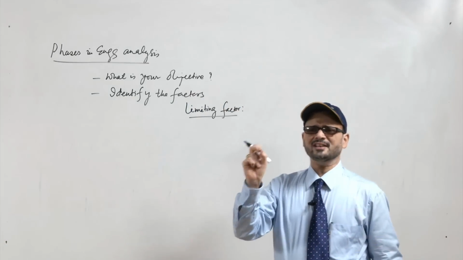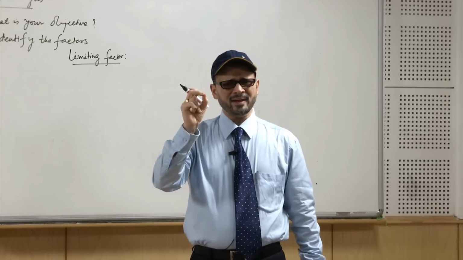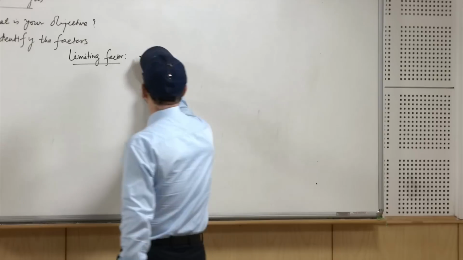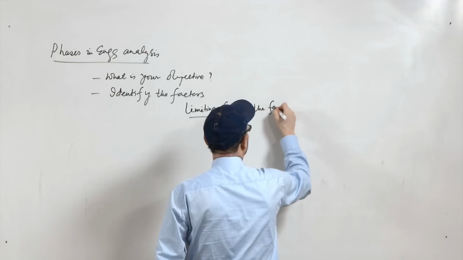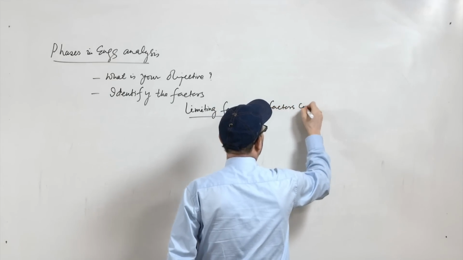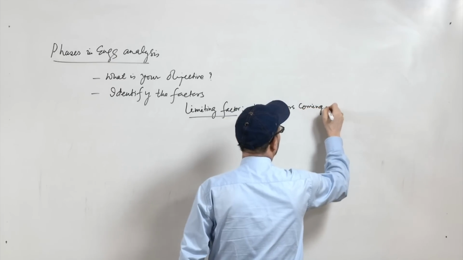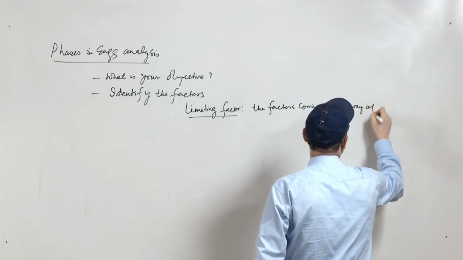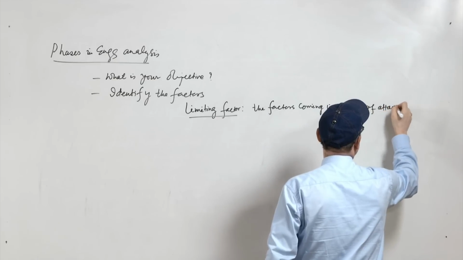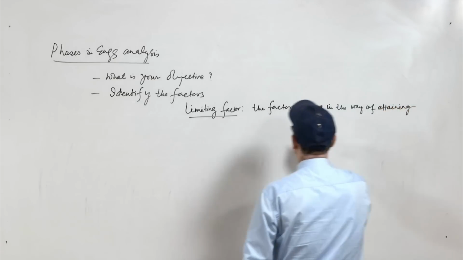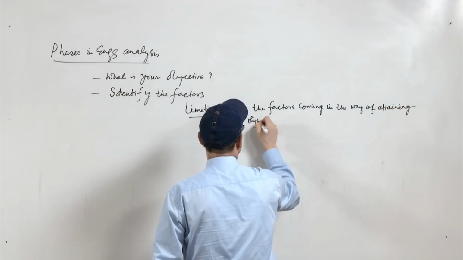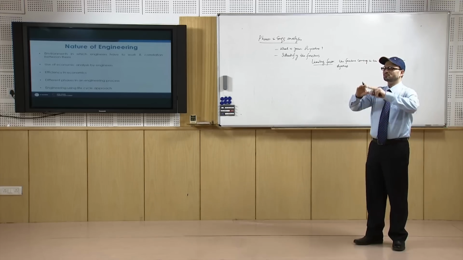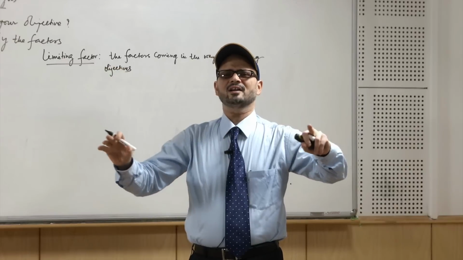The limiting factor is the one which is coming in the way of attaining the objective. So, the factors coming in the way of attaining objectives. So, you have to define what the limiting factors are.